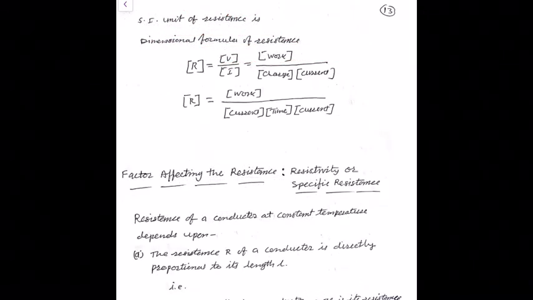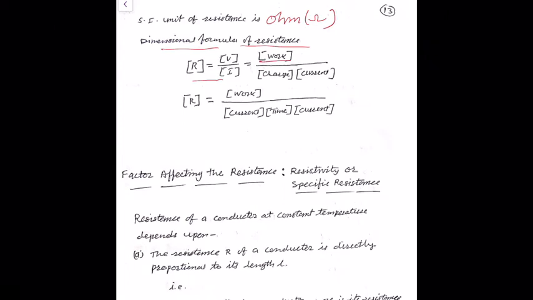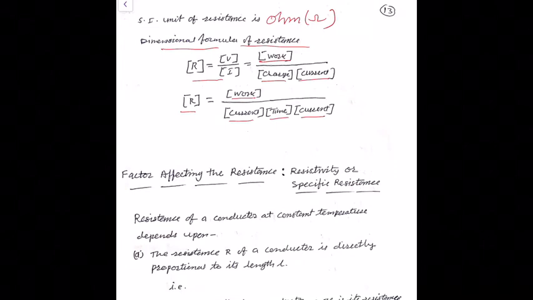SI unit of resistance is ohm. Dimensional formula of resistance: R equal to V upon I, or work upon charge into current, or R equal to work upon current into time into current.